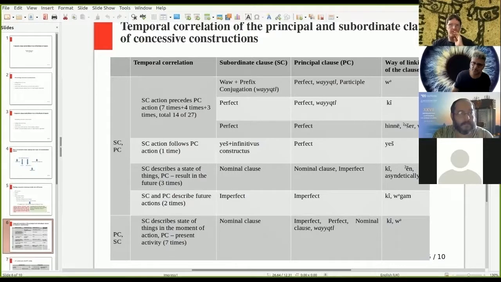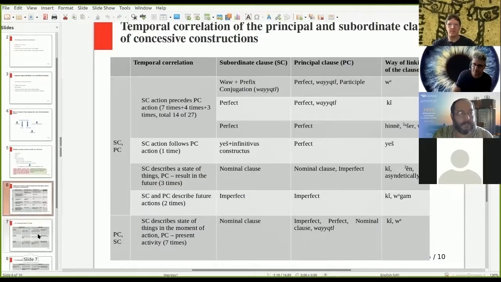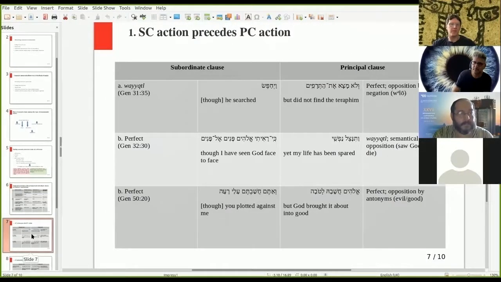This table shows the temporal correlation and the number of examples for each of the cases, what verb forms are used, and what the ways of linking the clauses are. Now I will switch to the examples of each of these cases.